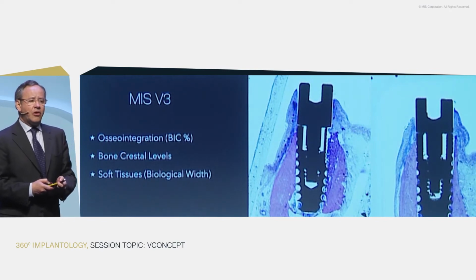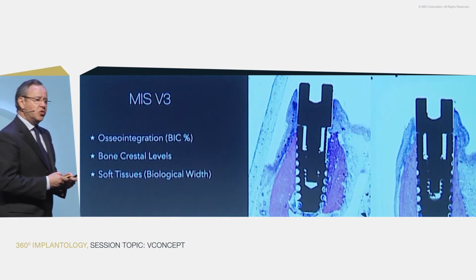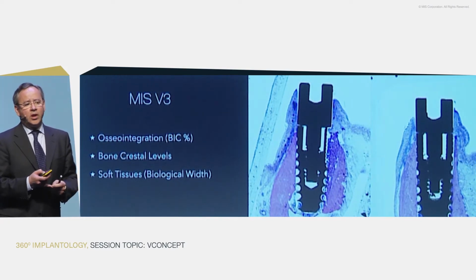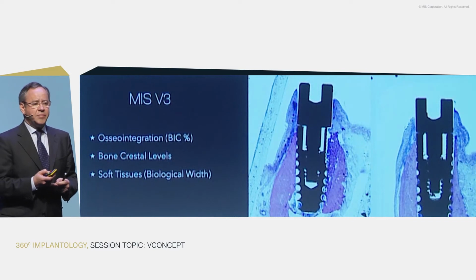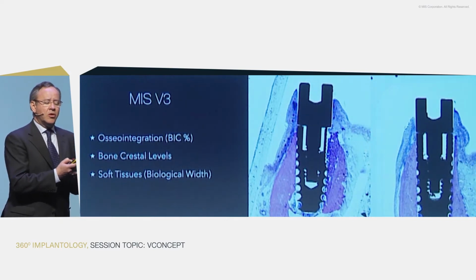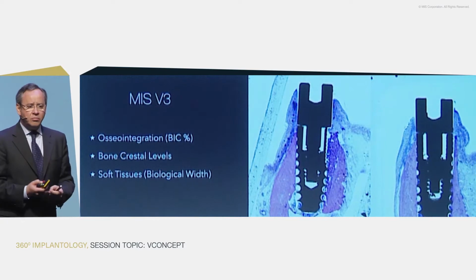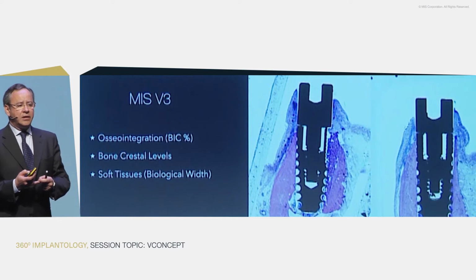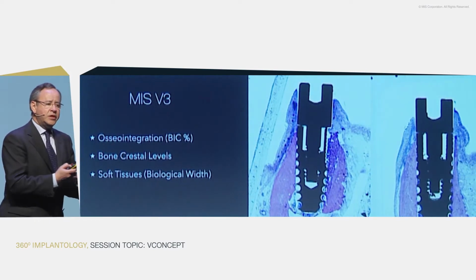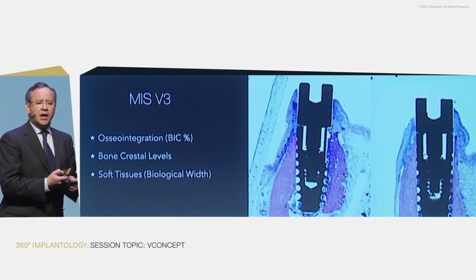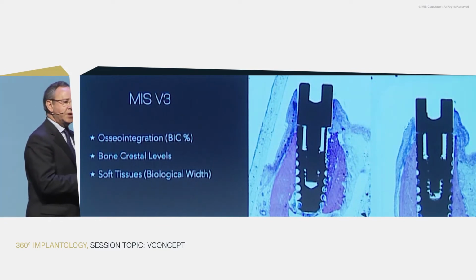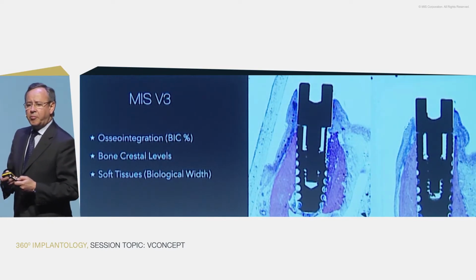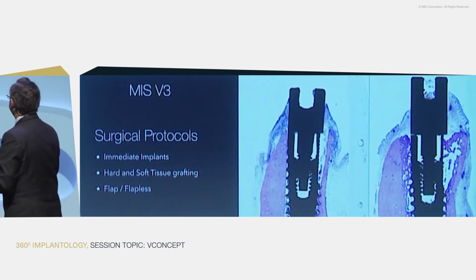So the objective of our investigation has been to look at the impact of this coronal innovation of this implant design on the bone, on the soft tissues, on the volume, and also what happens if we combine this implant system with different surgical approaches, that is, placing this implant in a healed ridge or placing this implant immediately upon dental extraction.